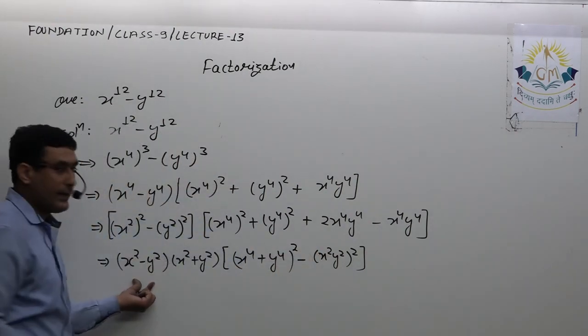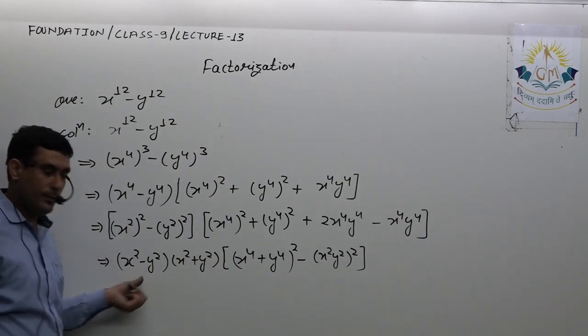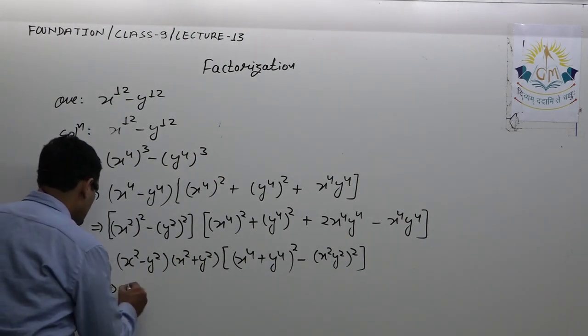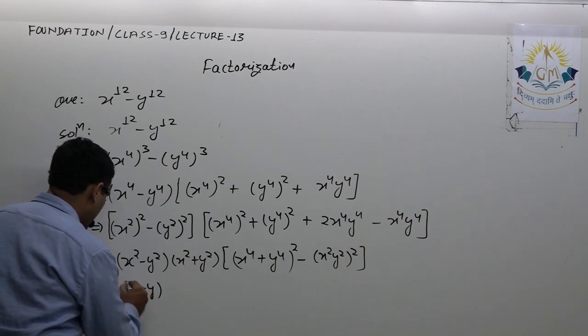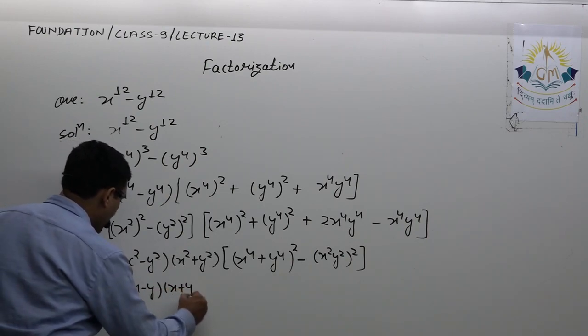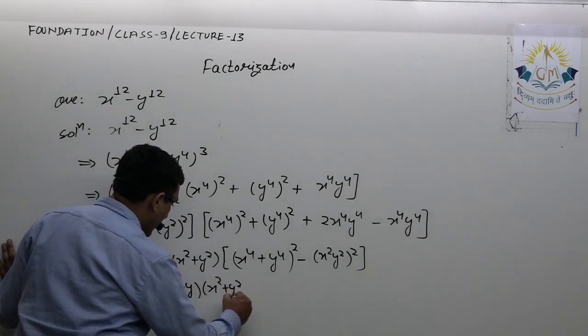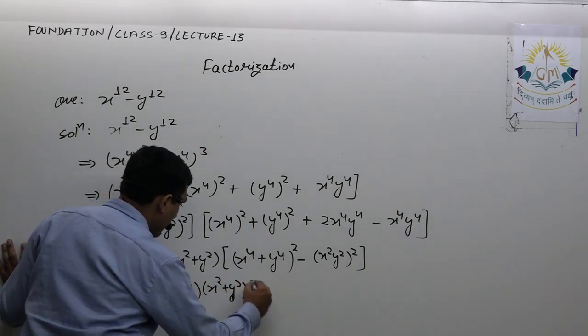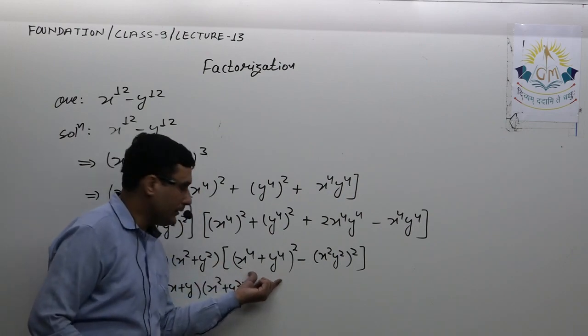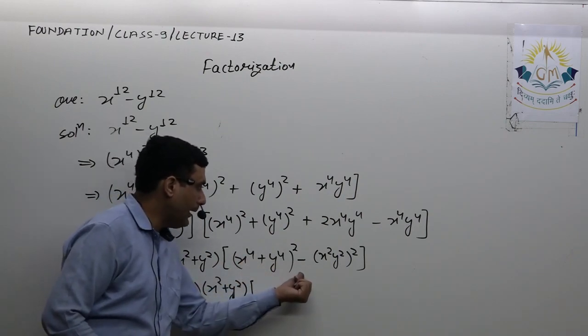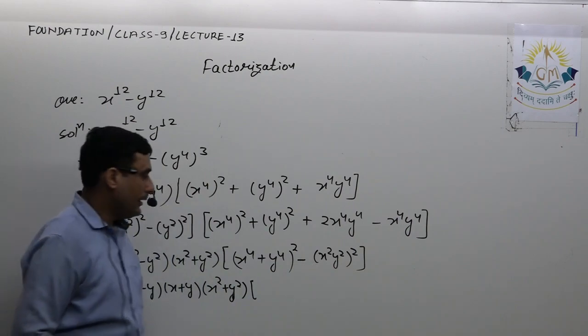Now this further can be factorized. This is a square minus b square. So here I can write x minus y, x plus y, x square plus y square. Now over here I can apply the identity of a square minus b square, isn't it?